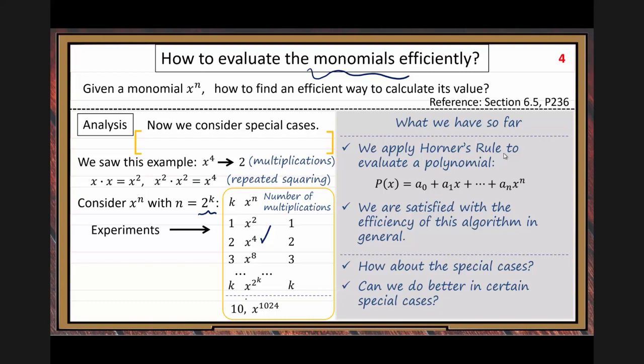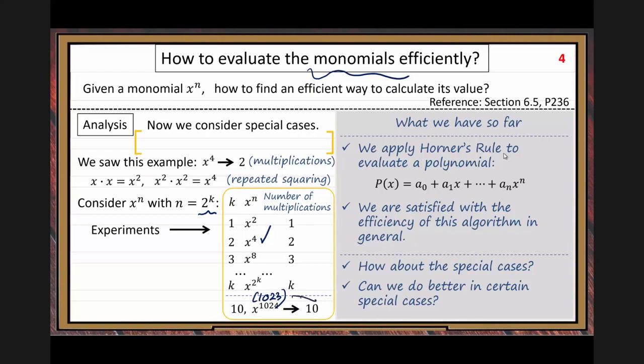Suppose you have some extra coefficient, a_k, then you should add 1 more. If the leading coefficient is 1, reduce by 1, because you don't need to multiply any coefficient. So here, the answer is 1023. Then, using our new method, repeated squaring, the number of multiplications is 10.